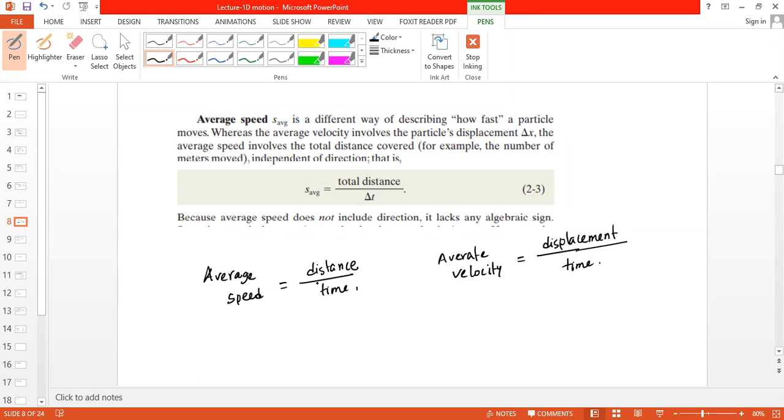So the first one is a scalar quantity, and the second one, the average velocity, is a vector quantity. That's the thing. The definitions are the same.